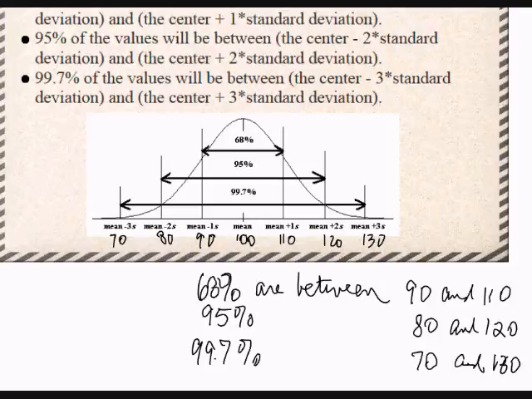You have to know these: 68, 95, 99.7. And to figure all these numbers out, you need to be told what the mean and the standard deviation are in order to make these problems work. Yes, it's always going to be those percents. Those are constants. They're approximate, but they're constants.